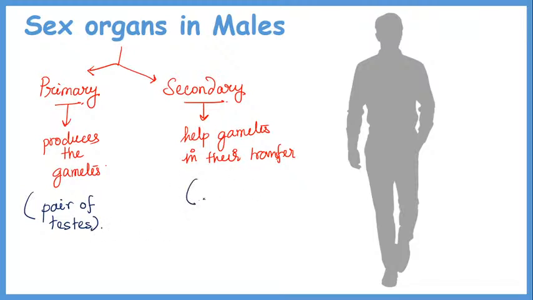The secondary sex organs are penis, prostate, seminal vesicle, etc. Right. So these are the primary sex organs and secondary sex organs. So are you with me?